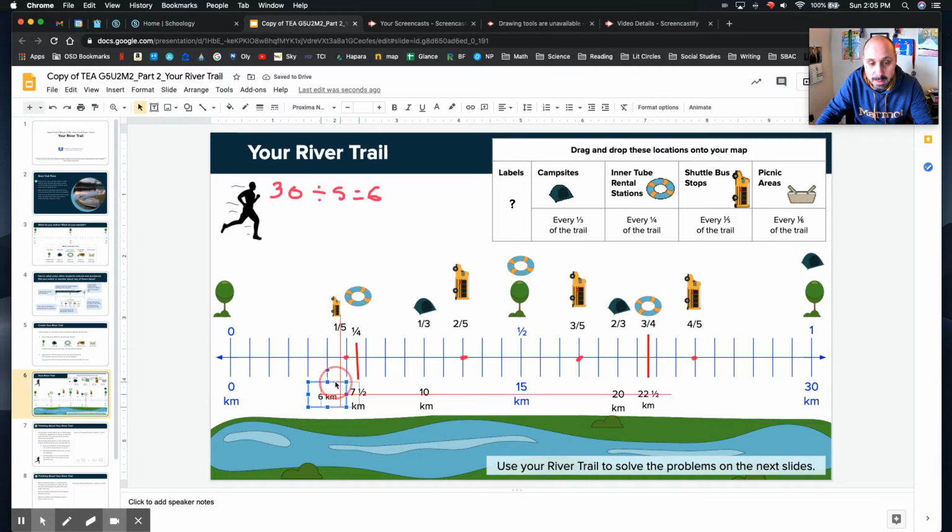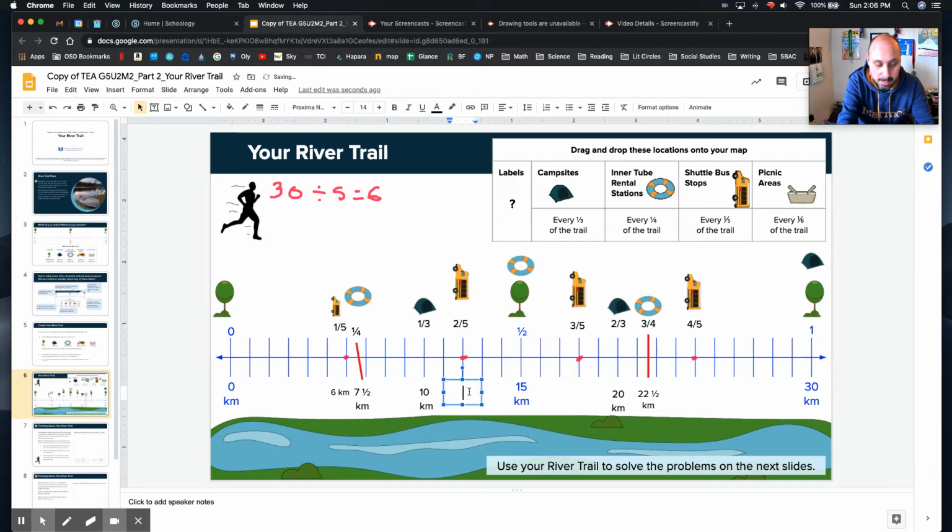So maybe I could do a little angle there. Okay, so 6 kilometers is under the sixth one. Oh boy. Okay, there's 6. And then I'm going to go to my 12 here. Remember, it's at every 6, so we're counting up by 6, multiples of 6. So 12 kilometers.